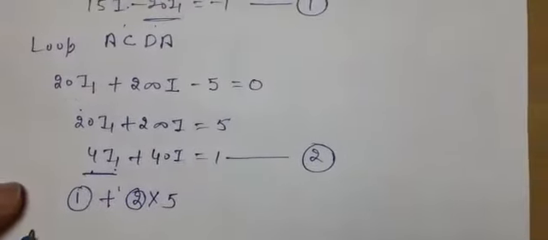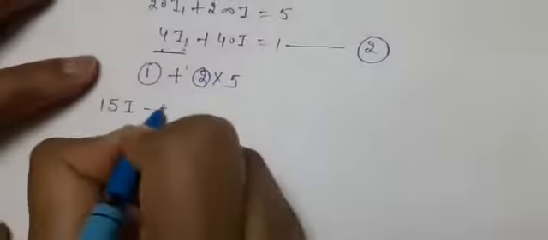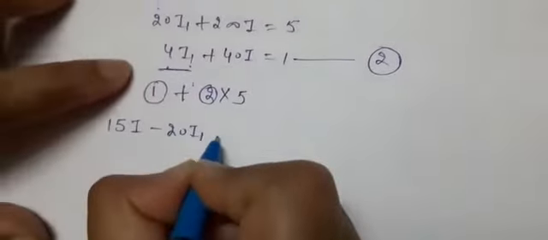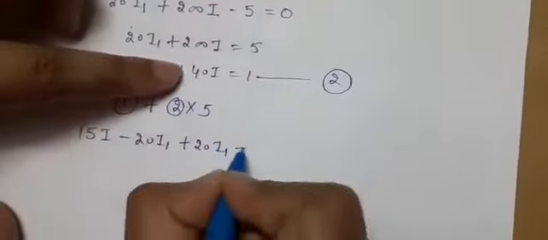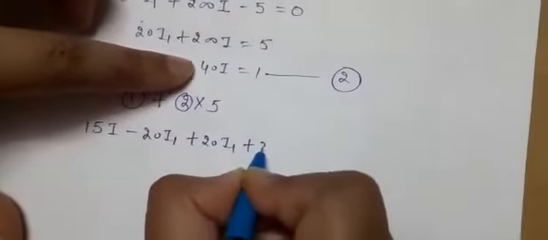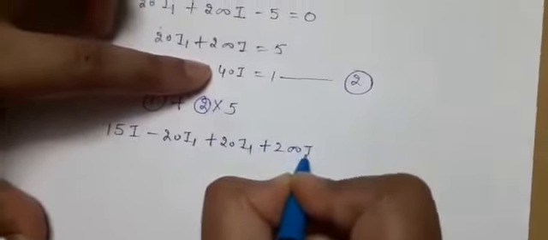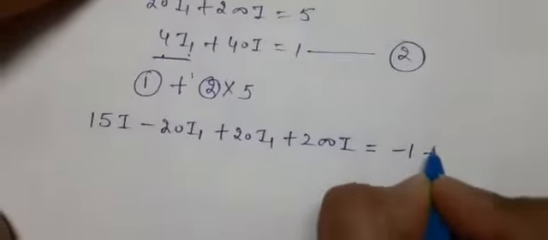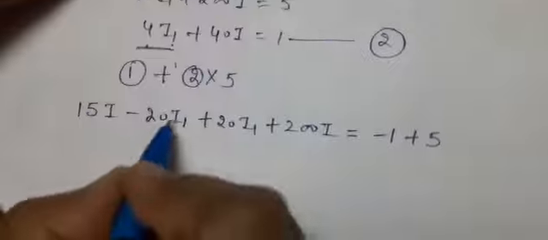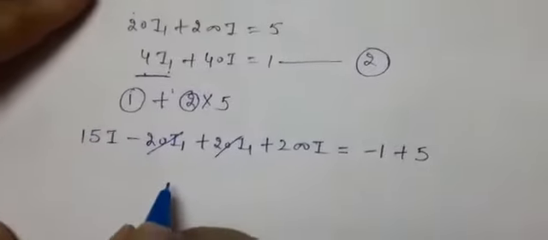So I will simultaneously solve it. 15I minus 20 I1 plus 20 I1 plus 5 into 40, this is 200I, will be equal to minus 1 plus 5. So here the I1 terms will be cancelled out.